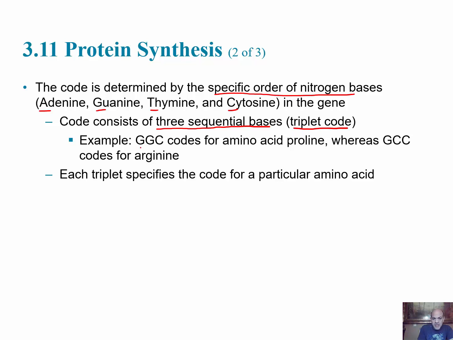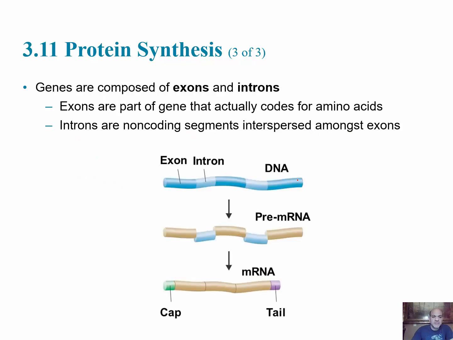For example, the triplet GGC is going to code for an amino acid called proline, which is one of the 20 amino acids, whereas the code GCC would code for arginine. So this code will give the instructions for providing those amino acids, and then there are other codes for other amino acids. So each triplet specifies a code for a particular amino acid.